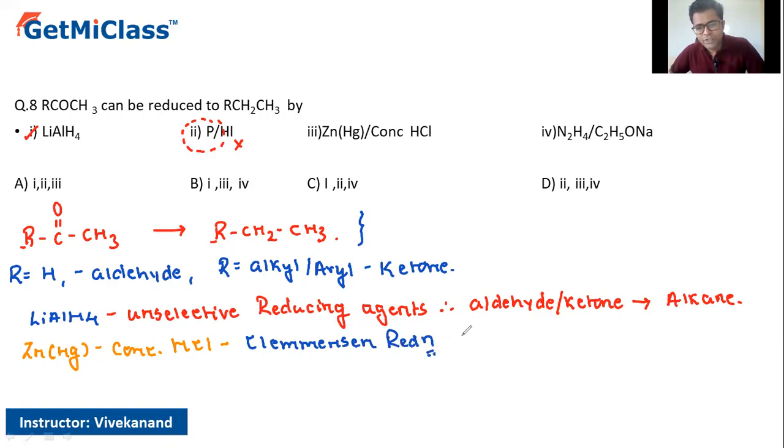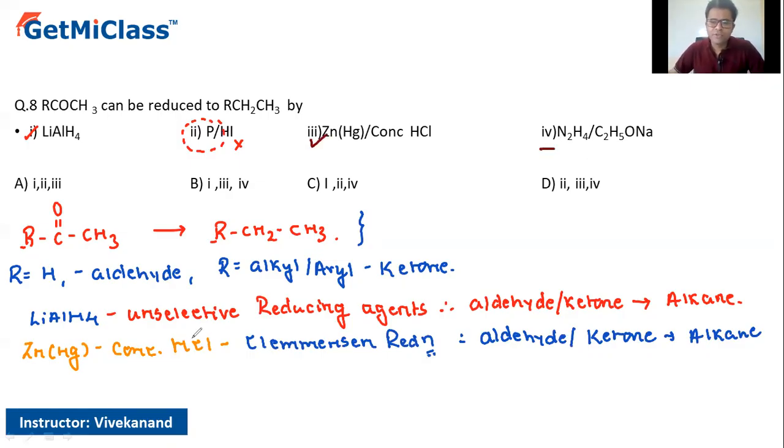Now, Clemmensen reduction is also going to help us convert an aldehyde or a ketone to alkanes, right? So even this one is a correct one. Therefore, even option C is going to help us.